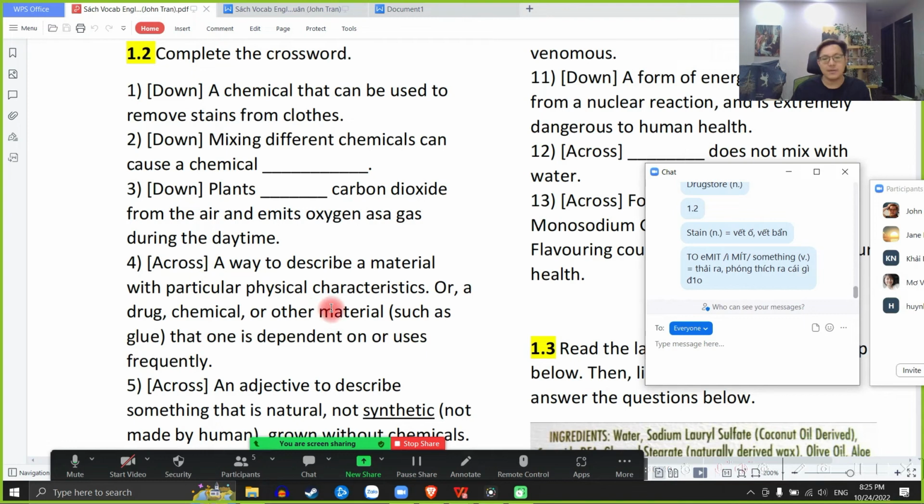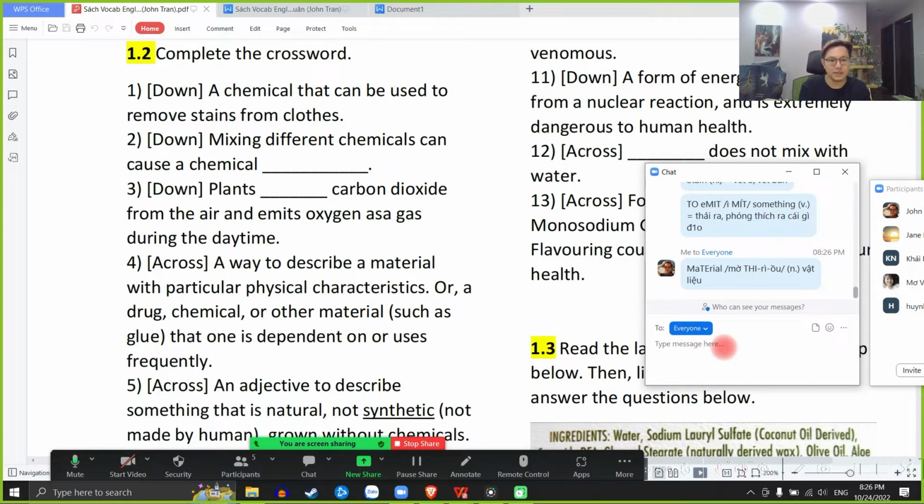Number 4, a way to describe a material. A material, vật liệu. Here it means vật liệu, you know, vật chất. A way to describe a material with a particular physical characteristics.